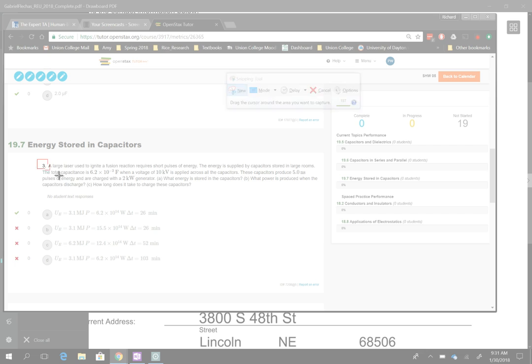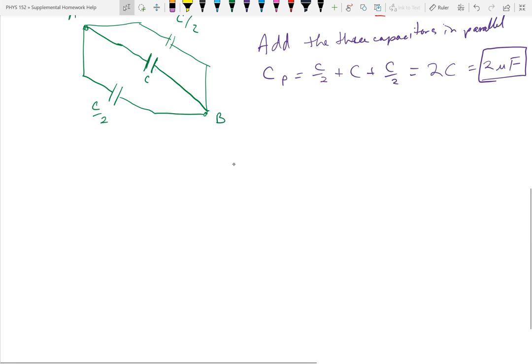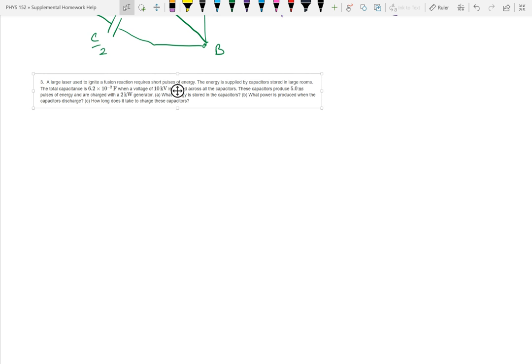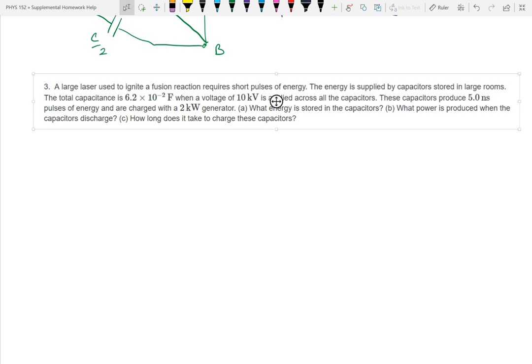Okay, so this one. A large laser used to ignite a fusion reaction, such as the National Ignition Facility, NIF, requires short pulses of energy.